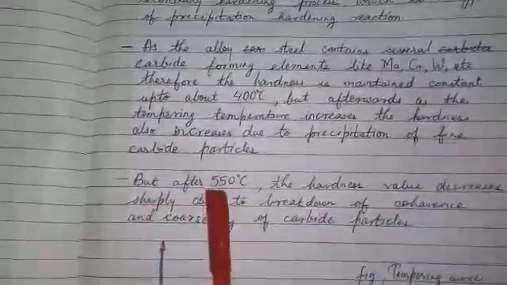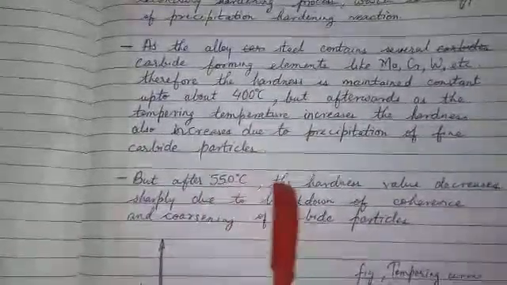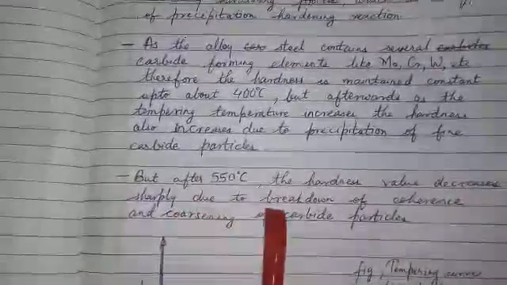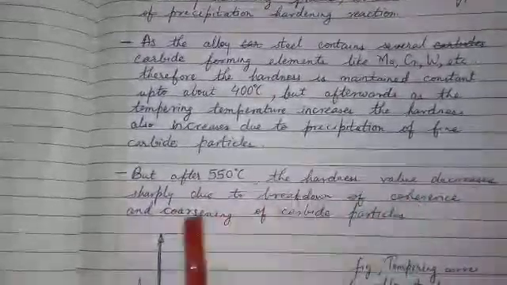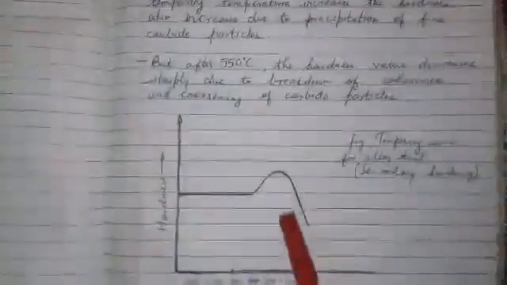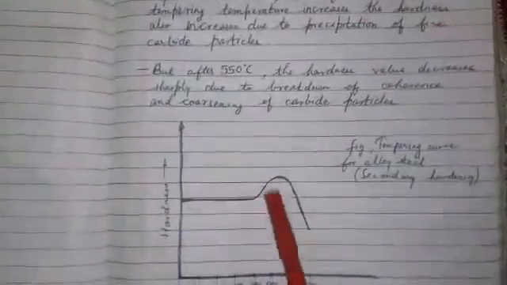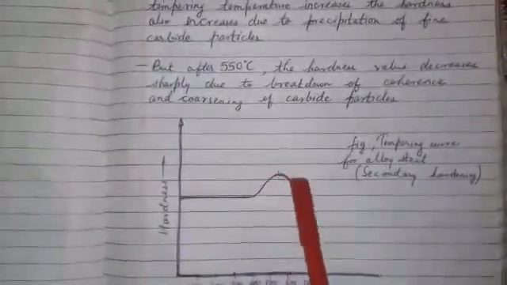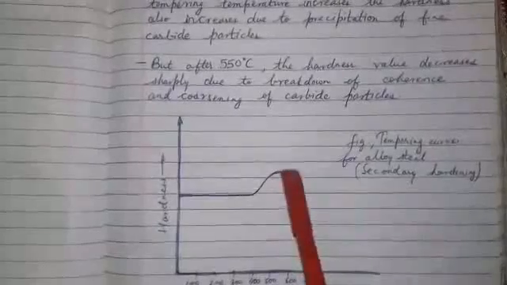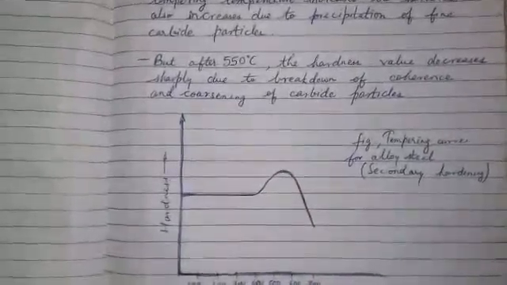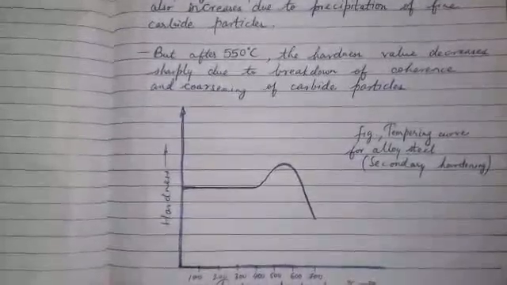After 550 degrees Celsius, the hardness value decreases sharply due to the breakdown of coherence and coarsening of the carbide particles.